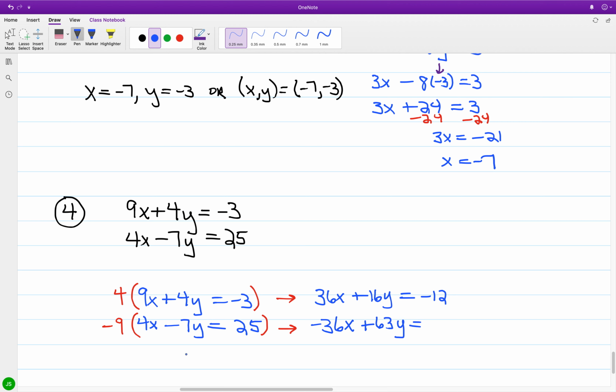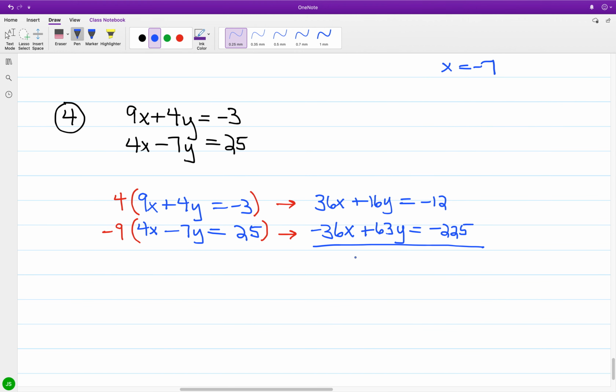And negative 9 times 25 is negative 225. Now if I add the equations together, 36x and negative 36x cancel each other out. 16y plus 63y becomes 79y. And negative 12 plus negative 225 is negative 237.